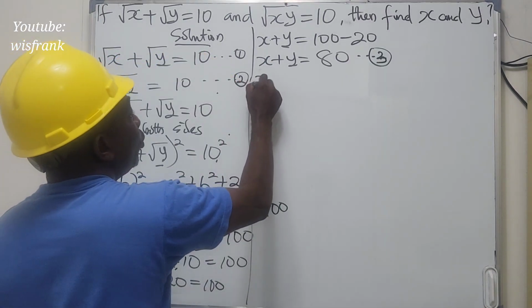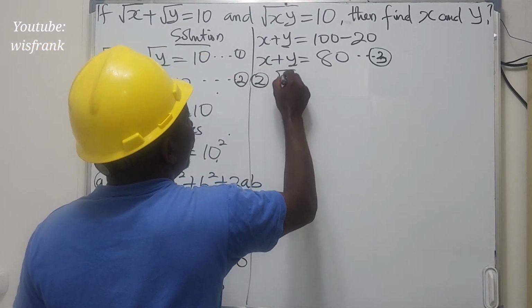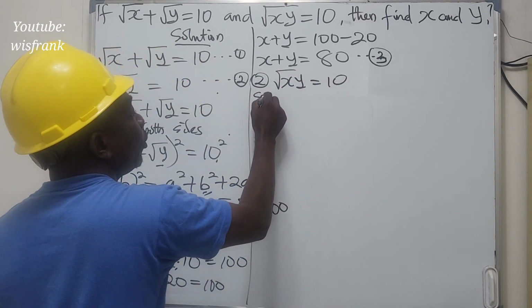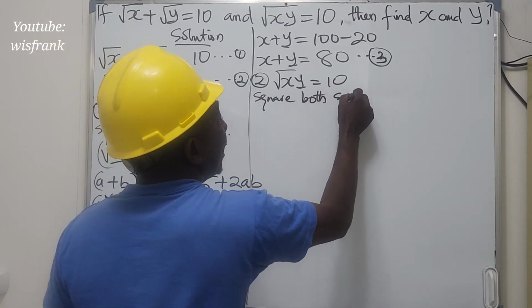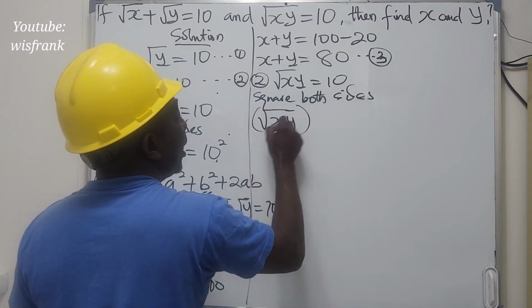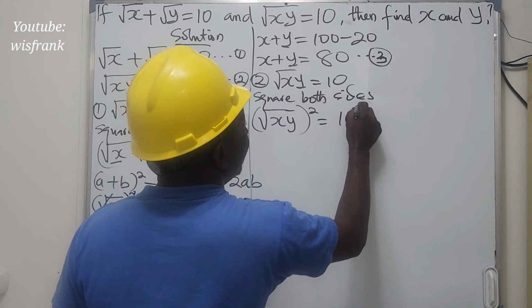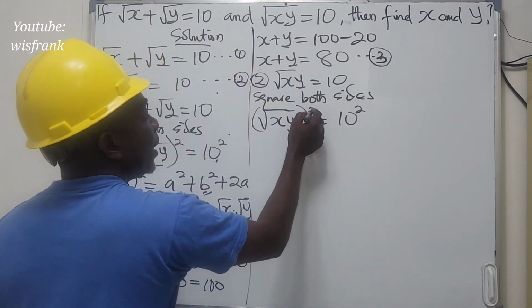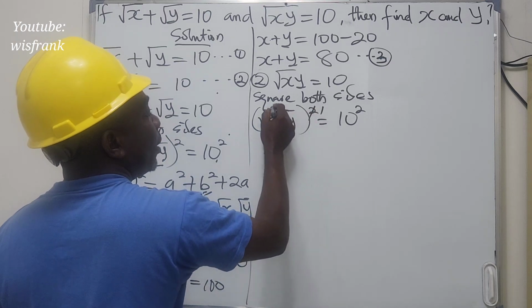So from equation 2, we have that root xy equals 10. As we said before, we need to square both sides. So this will become root xy all to the power of 2 equals 10 to the power of 2. The square and the root cancel each other.